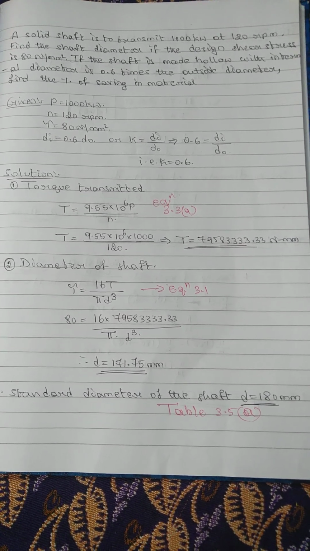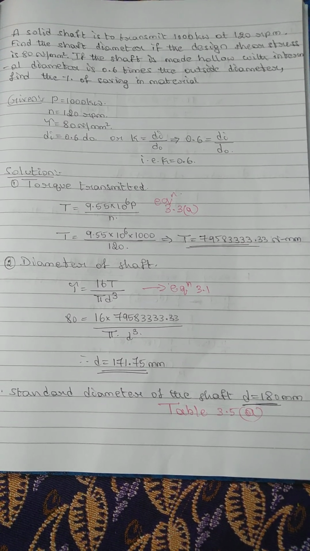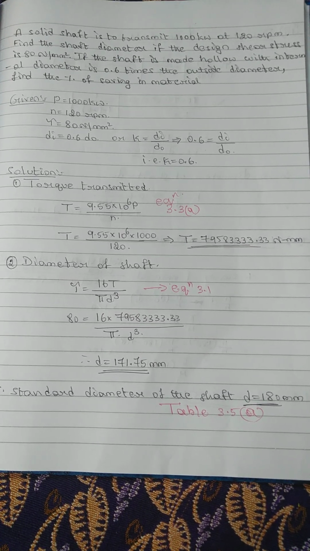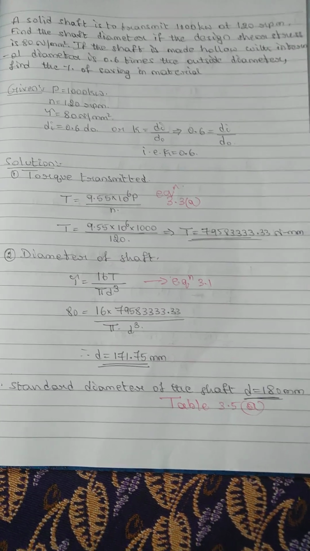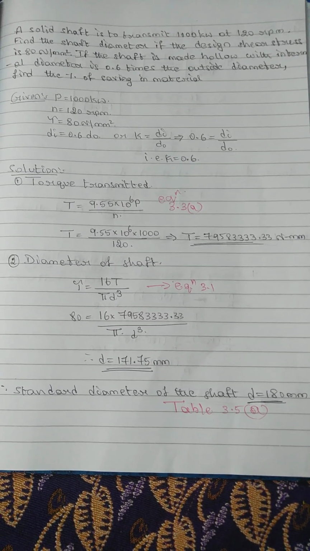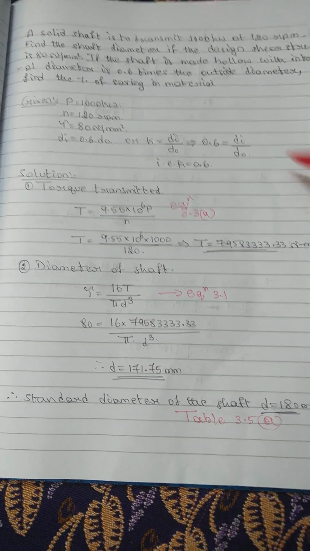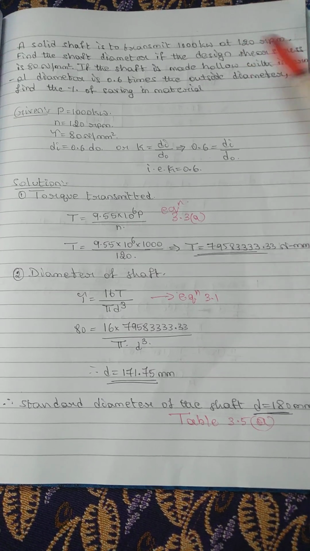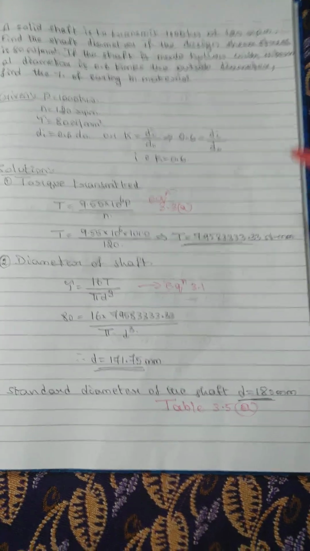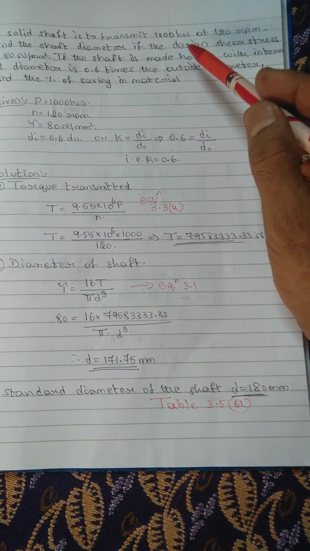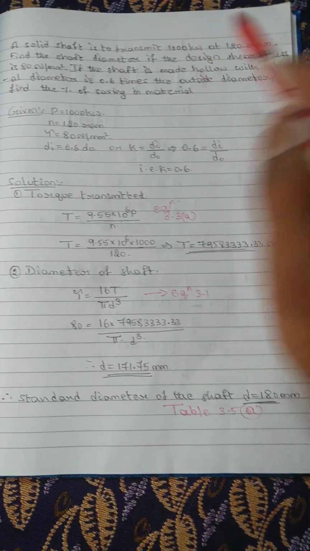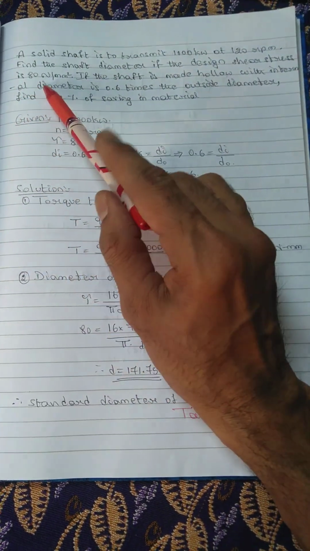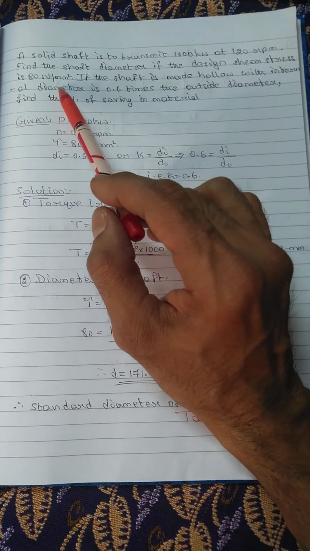If the shaft is made hollow with internal diameter 0.6 times the outside diameter, find the percentage of saving in material. So what is given is a solid shaft which carries 1000 kilowatt at 120 rpm with shear stress of 80 newtons per millimeter square.